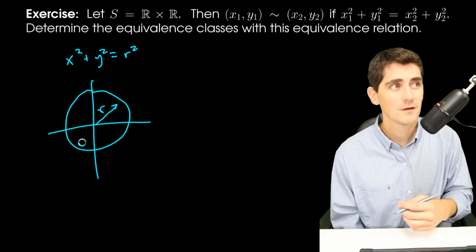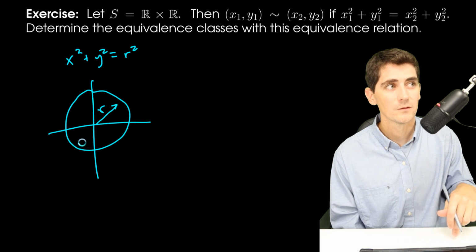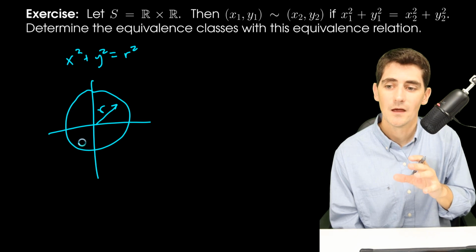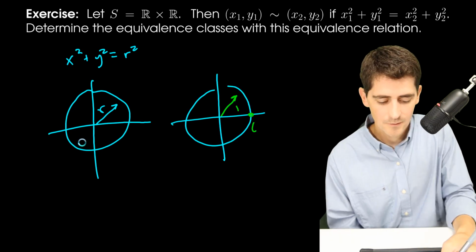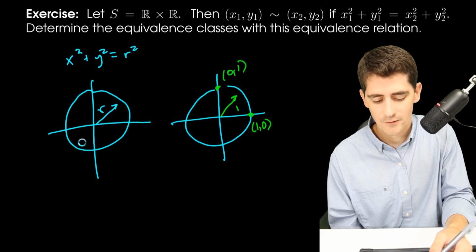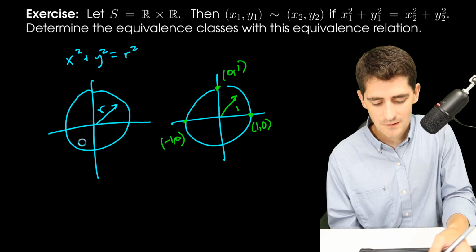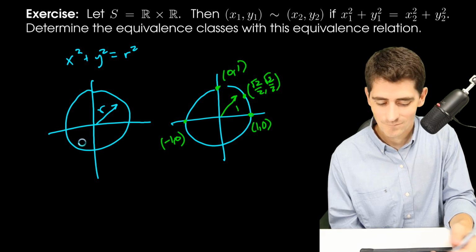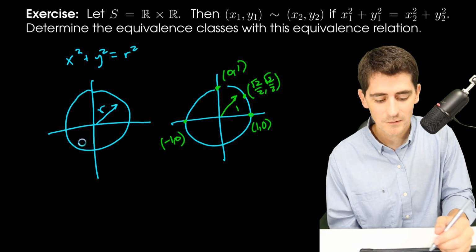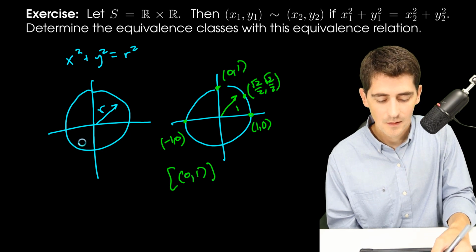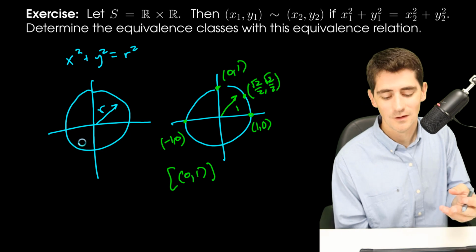Well, 1 squared plus 0 squared equals 1 squared. That would be something that falls on a circle of radius 1. On a circle of radius 1, I have the point (1, 0), and (0, 1), and (negative 1, 0). And here is (root 2 over 2, root 2 over 2), and a bunch of others. And in fact, the equivalence class of (0, 1) is all the points that lie on the circle of radius 1.